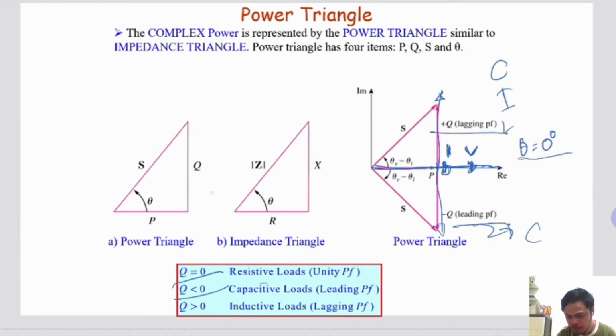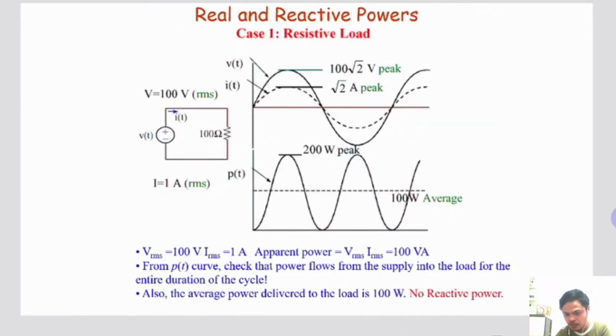So here the power triangle has constant real power. Only Q will be changed when determining the required capacitor or inductor in the circuit. Again, this is the graph for a resistive load. The voltage and current are in phase, meaning they have zero difference of angle.